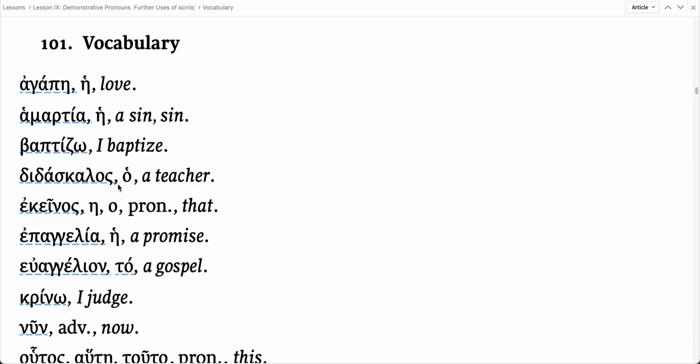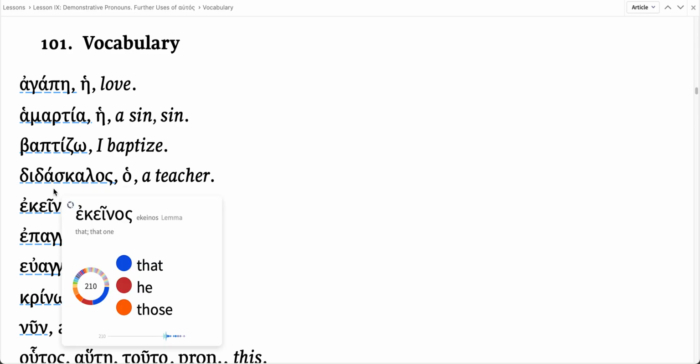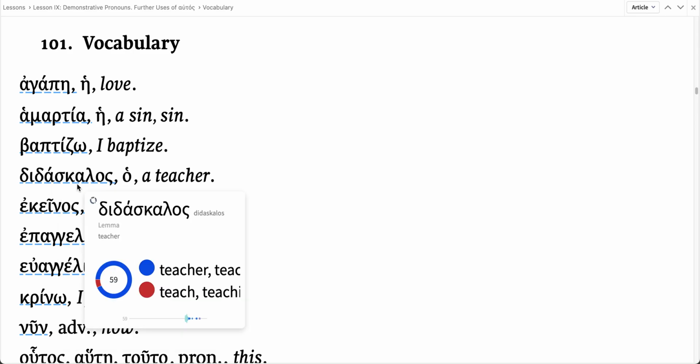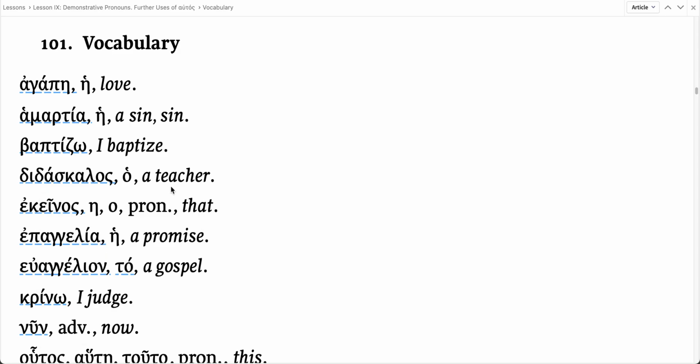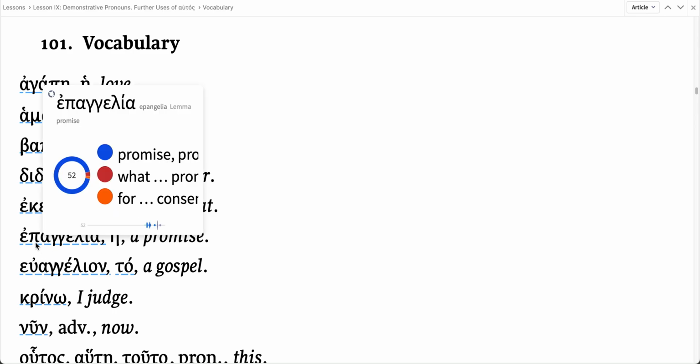So we have ho didaskalos, that's the word for teacher. Didasko is to teach, right? I am teaching. So didaskalos is the one who teaches. It's a teacher. So ekeinos, ekeine, ekeino is the pronoun. It means that. He epangelia.